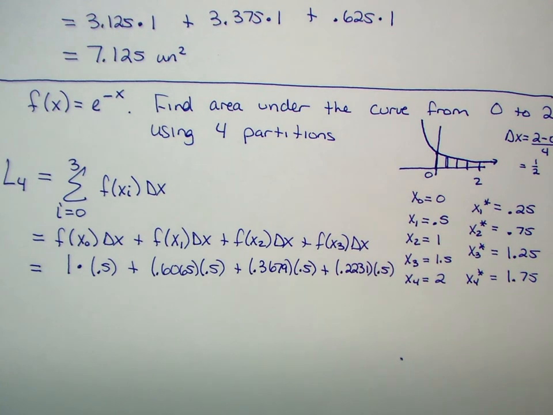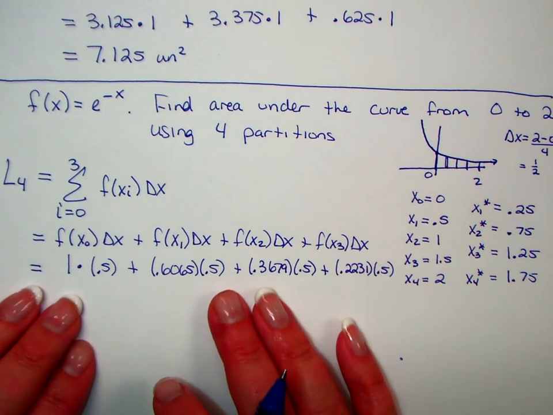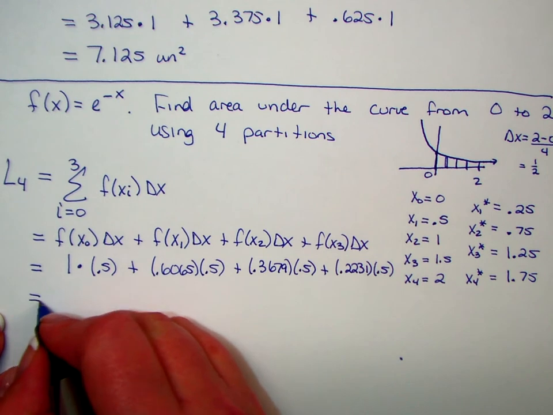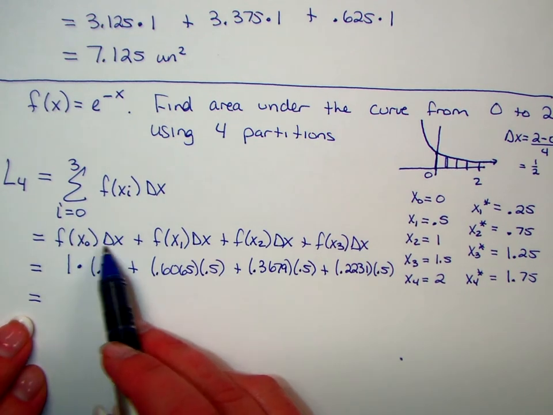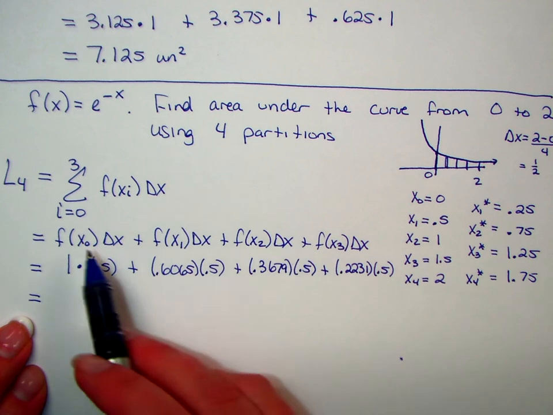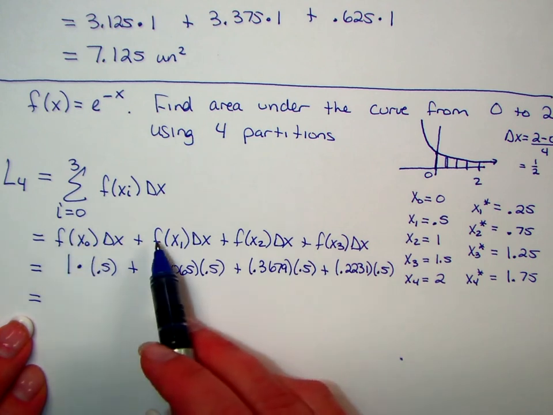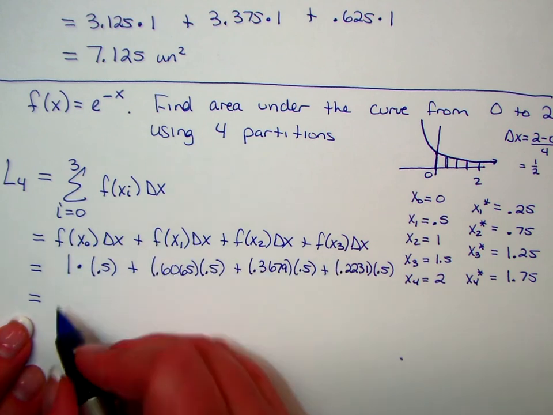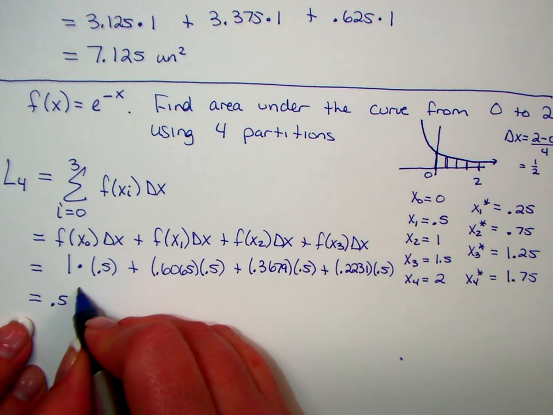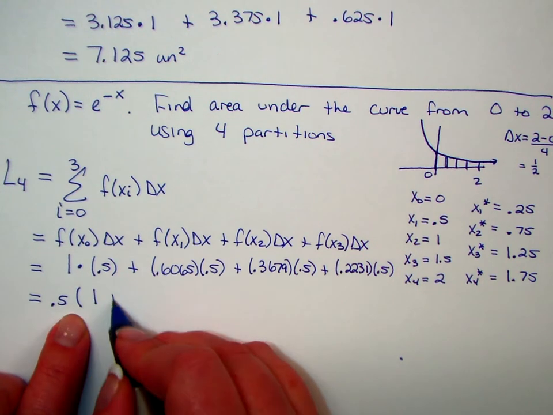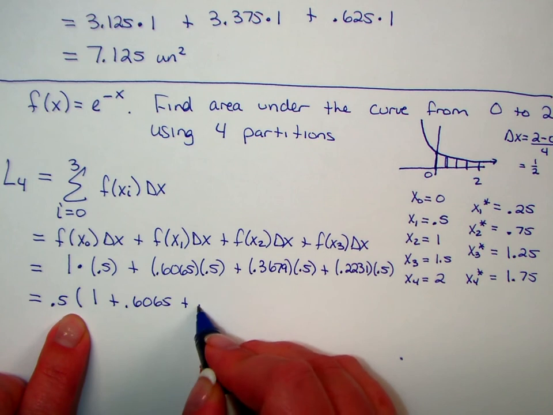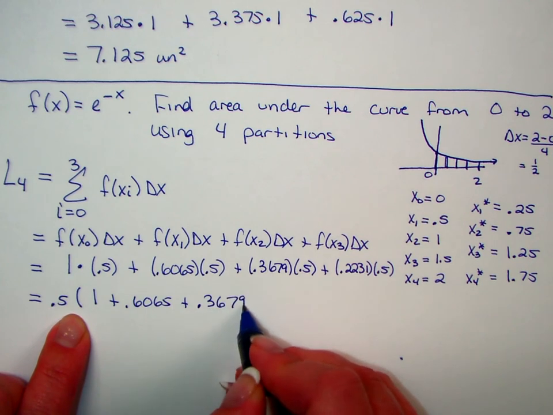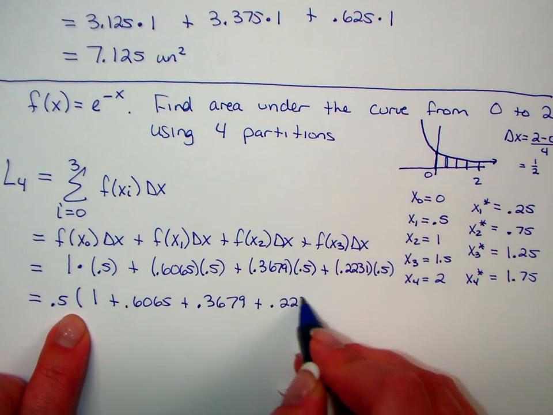Now, if you wanted to, okay, you could factor out delta x. And in terms of calculating it, it might be a little bit easier, right? If I factored out delta x, then I'm just left with these function values being added, right? So if I took out a 0.5, I'm left with 1 plus 0.6065 plus 0.3679 plus 0.2231.